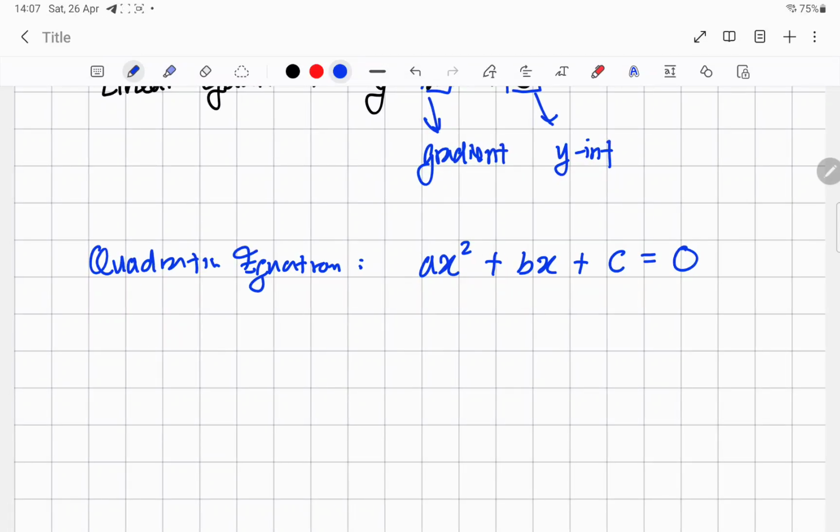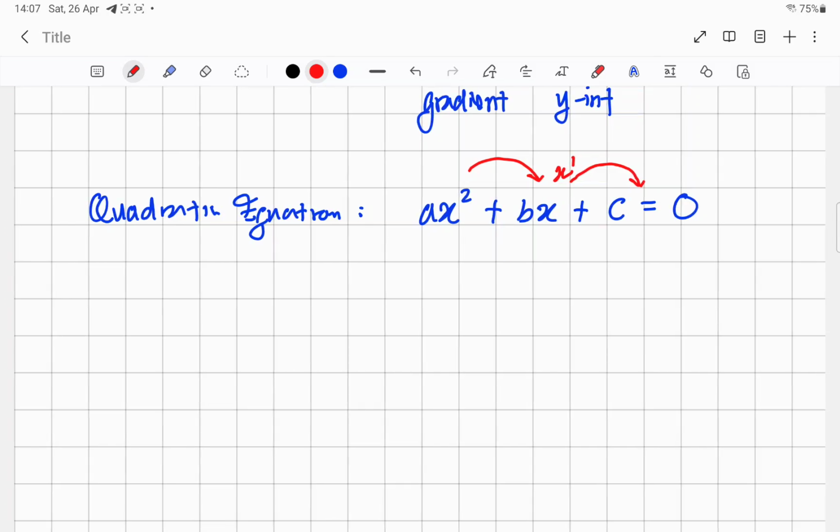You will see that this is your highest power, x squared. Then the power goes down one by one, becomes x power 1, and finally the last one doesn't have x at all. So ax squared plus bx plus c is the general form.